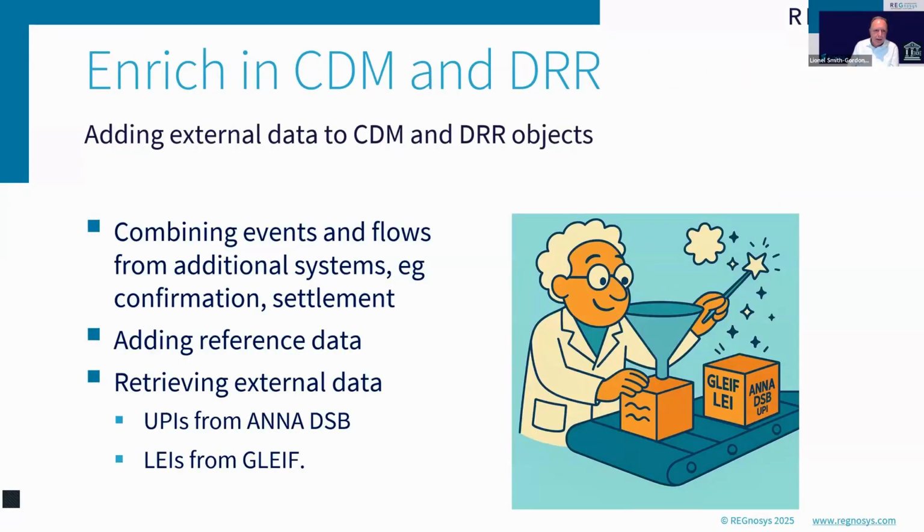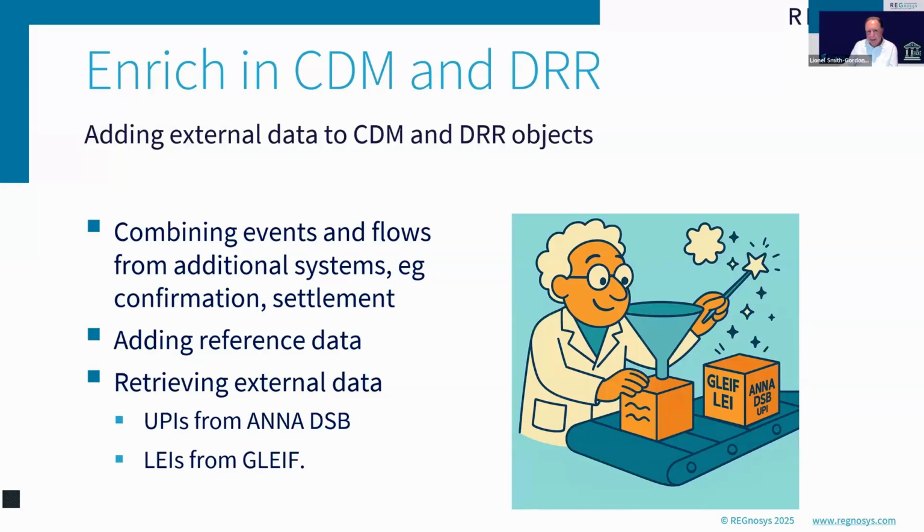The idea behind enrich is it's the ability to take data that has been brought into the CDM and add additional data to it. An example of that might be adding some reference data from additional internal systems or integrating with external systems. There are a couple of examples on the page here: ANNA DSB for getting UPIs and GLEIF for getting LEIs.